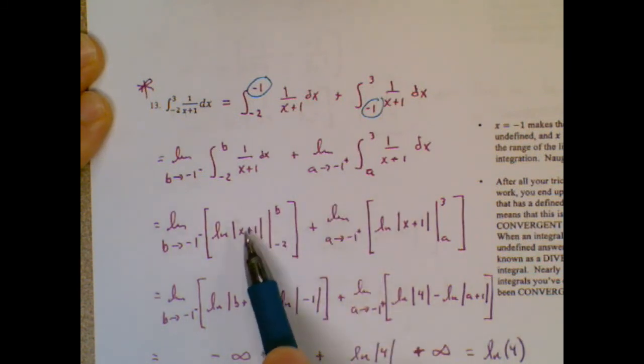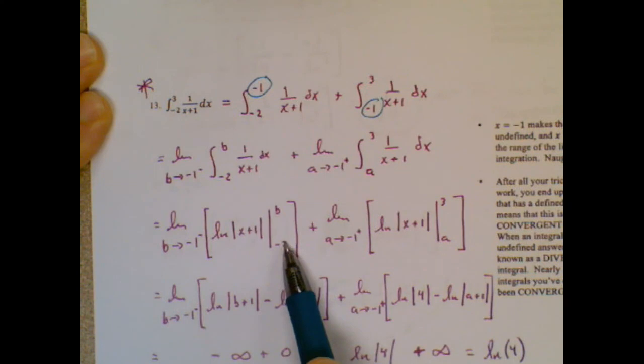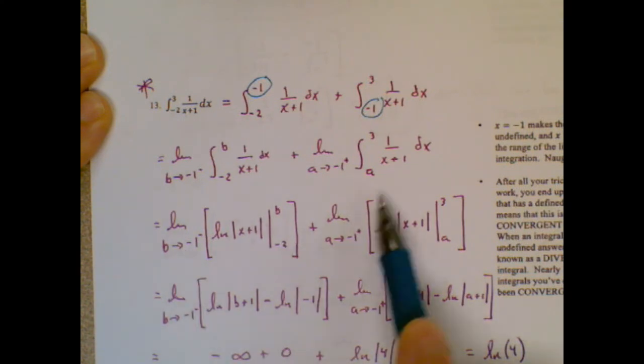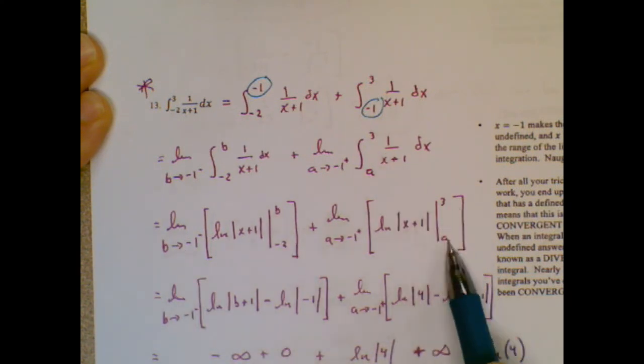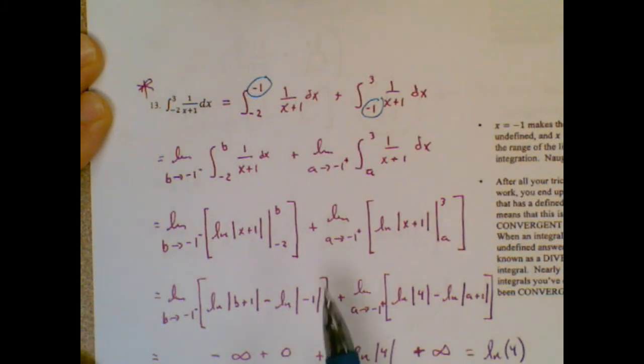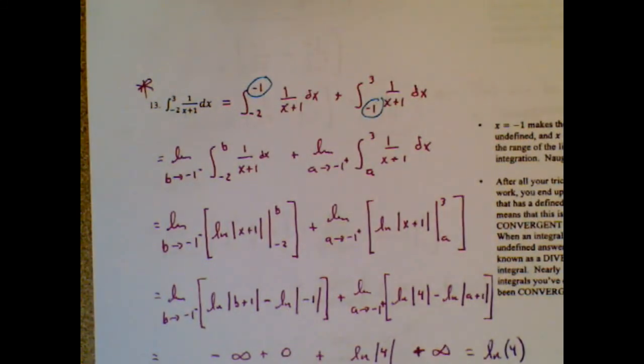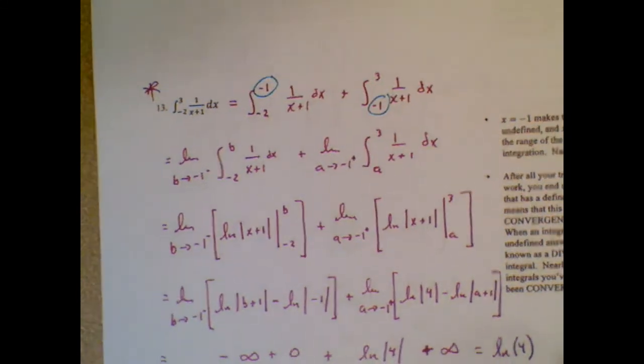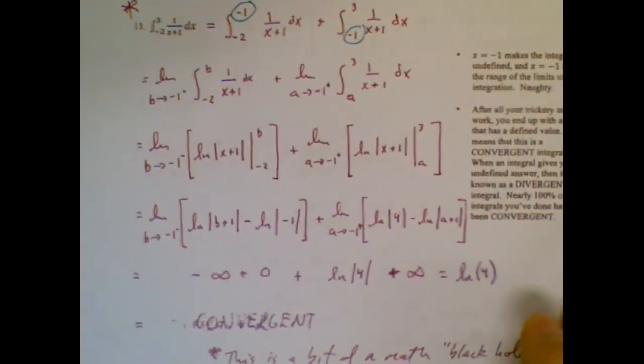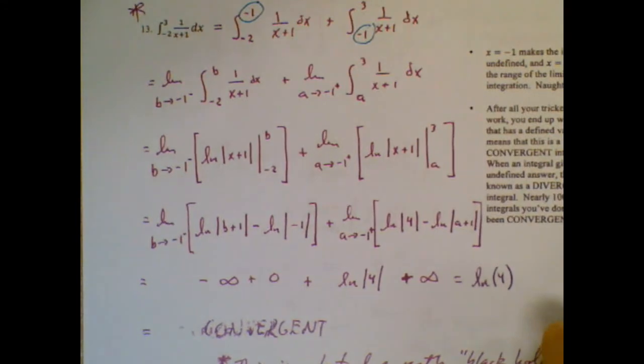Now when I do the antiderivative, limits of integration, still a limit problem. Now I can plug in my limits and subtract. It's still a limit problem. Now, as I go through that, this is where my work got messy and is definitely a math black hole.